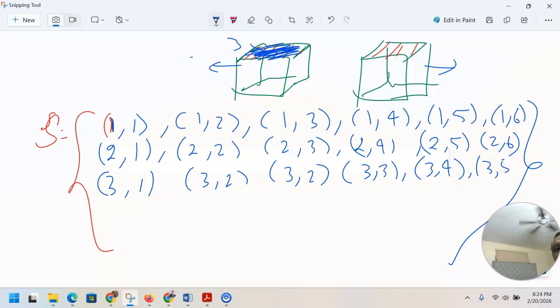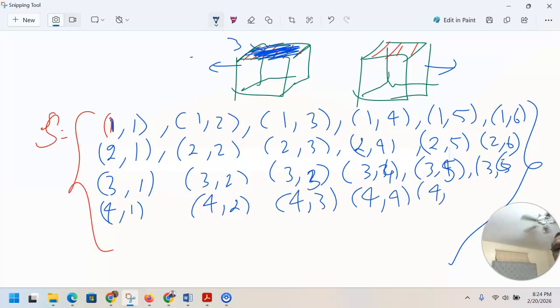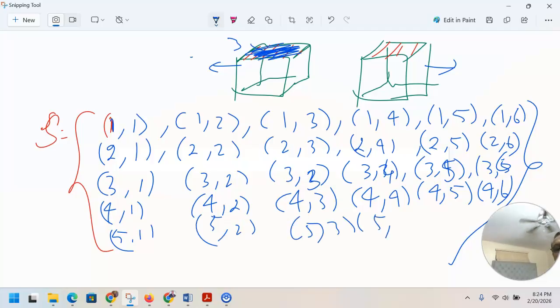Or it could be 4, 1, 4, 2, 4, 3, 4, 4, 4, 5, 4, 6. Or it could be 5, 1, 5, 2, 5, 3, 5, 4. You can fast forward now, you know already what I'm doing. Once you know, you don't have to watch. So it could be 6 and 1, 6 and 2.